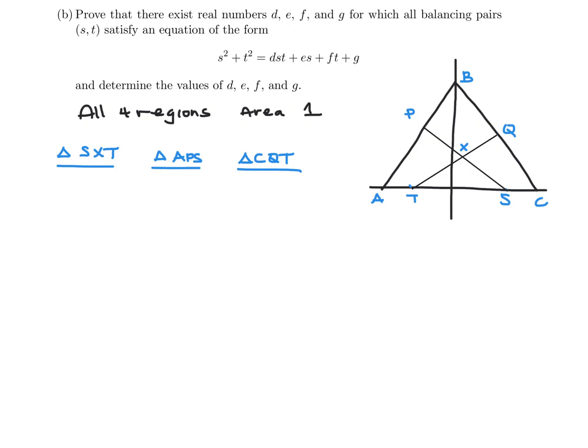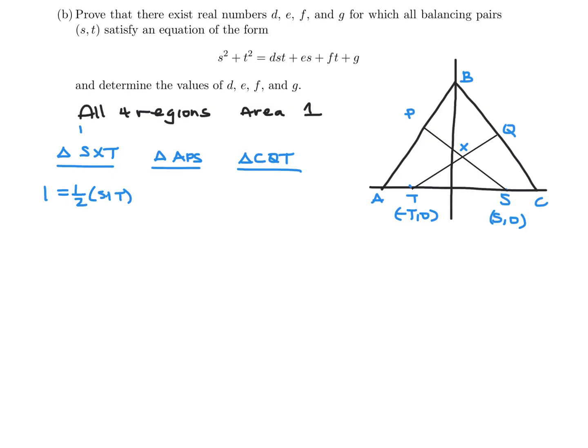The area of that, since it's just one region, it would be 1, and the area is 1/2 base times height. The base would be, well, I got to label this. S was S0, right? And T is minus T0, like that. So the base would be going from S to T, so it would be S plus T. And the height, well, we don't know the heights, so I have to give them heights.